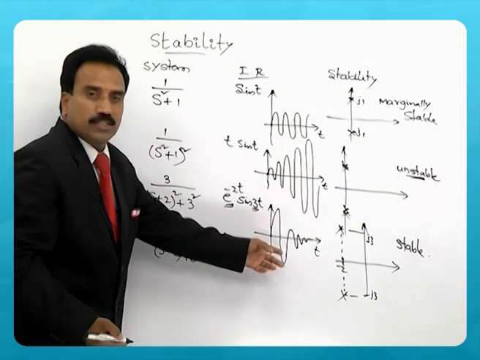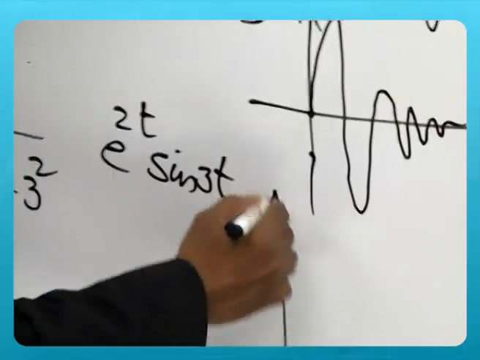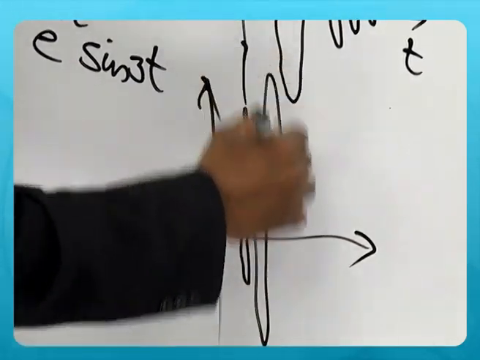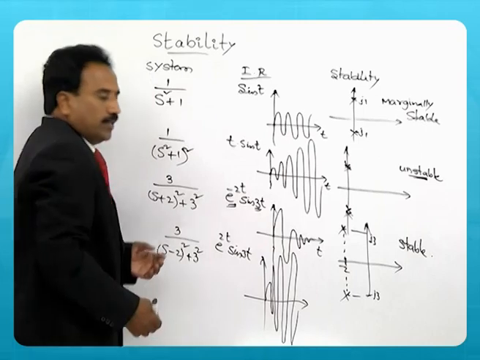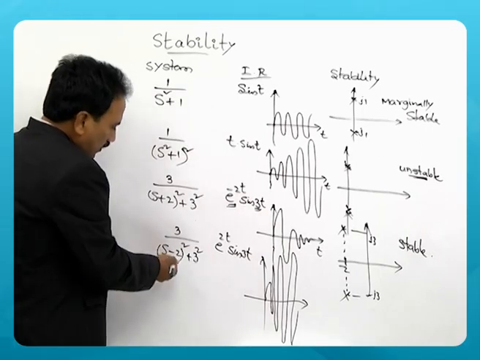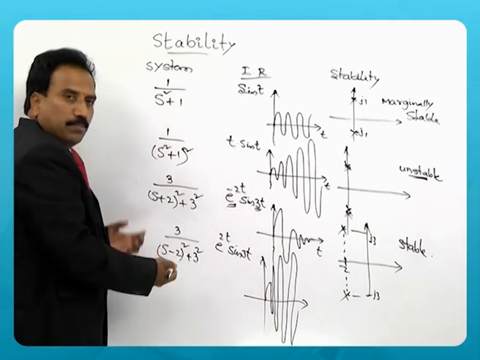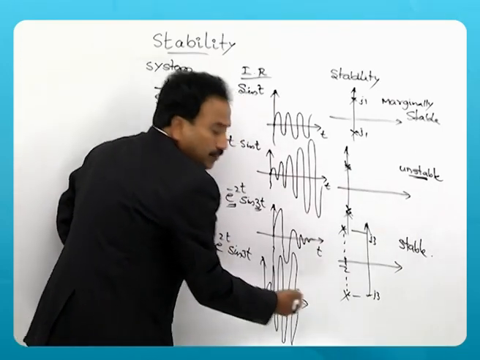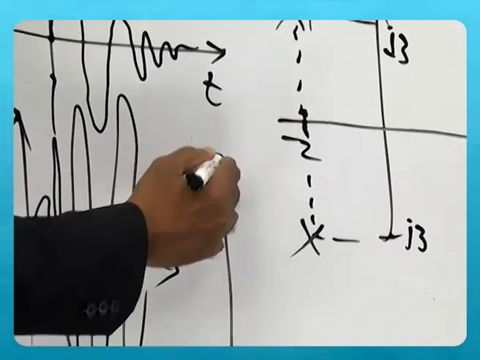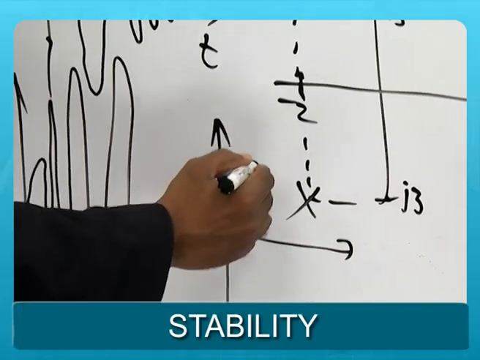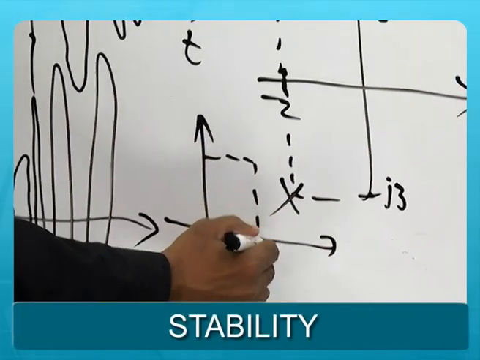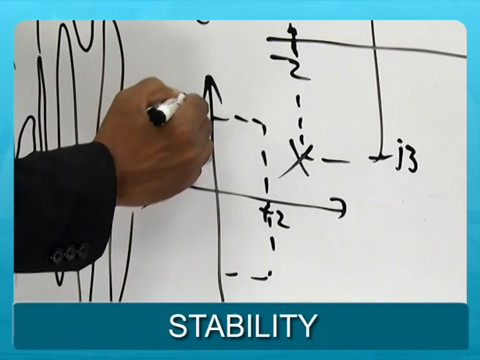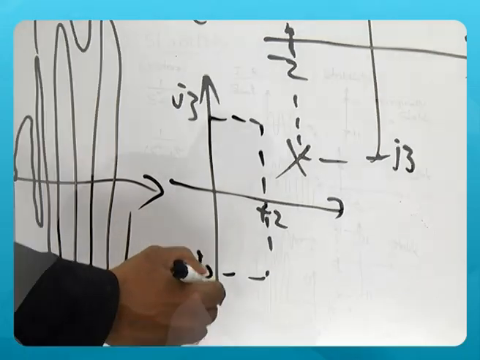So it is the reverse of this: the frequency of oscillations is the same, but the magnitude grows, because the two poles are a complex conjugate pair, but their location is in the right half of the S plane, plus 2 plus j3 and plus 2 minus j3.